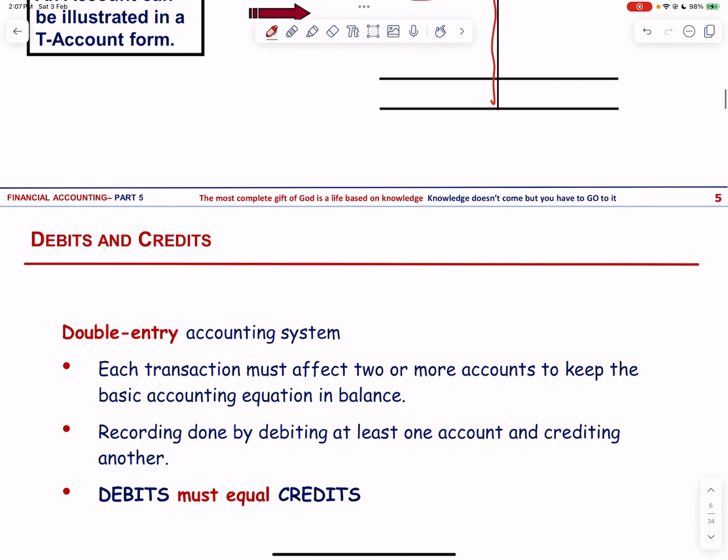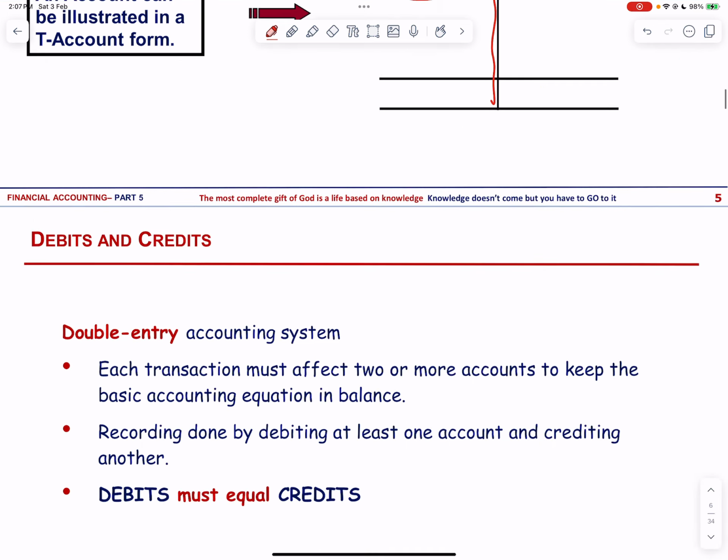Remember what we talked about in the previous video, that each transaction, while journalizing or putting in the accounting equation, must affect two or more accounts to keep the basic accounting equation in balance. Recording is done by debiting at least one account and crediting the other. There must be a debit and there must be a credit in each transaction, and the total of debit must be equal to credit.